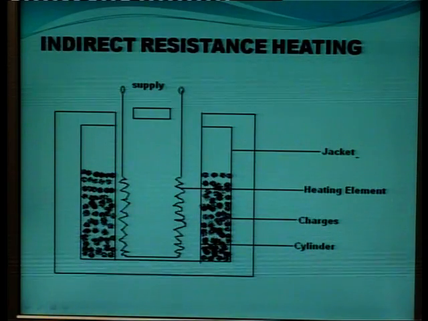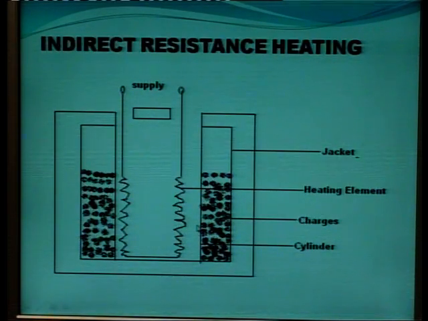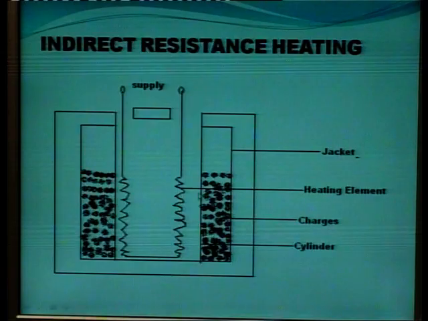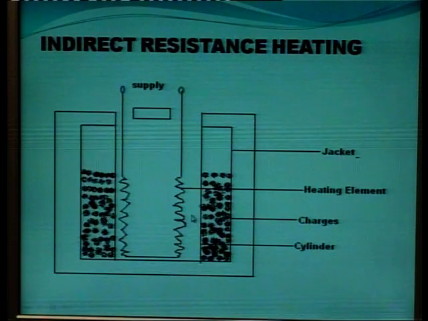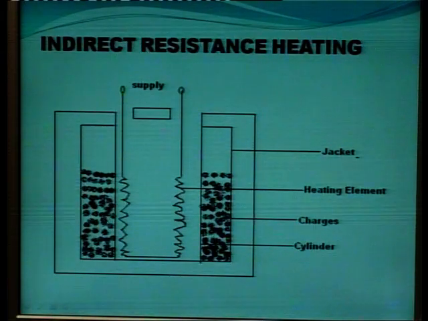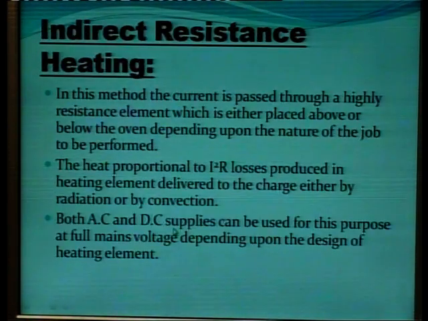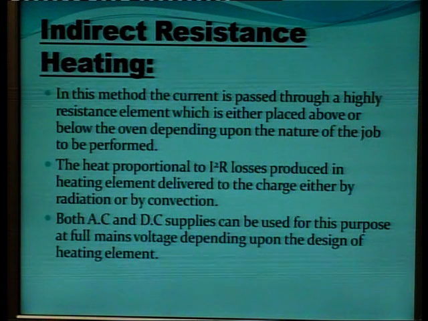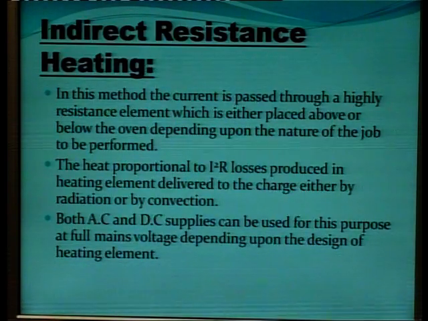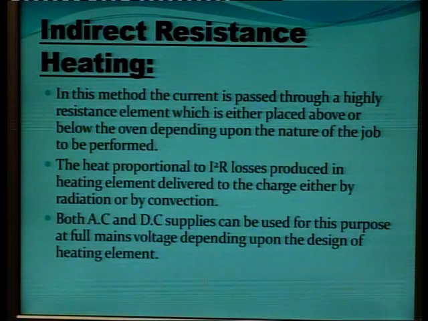Now here the heat is transferred to the charge by two methods, either by convection or by radiation. So in this method, the current is passed through a highly resistive element which is either placed above or below the oven depending upon the nature of the job to be performed.